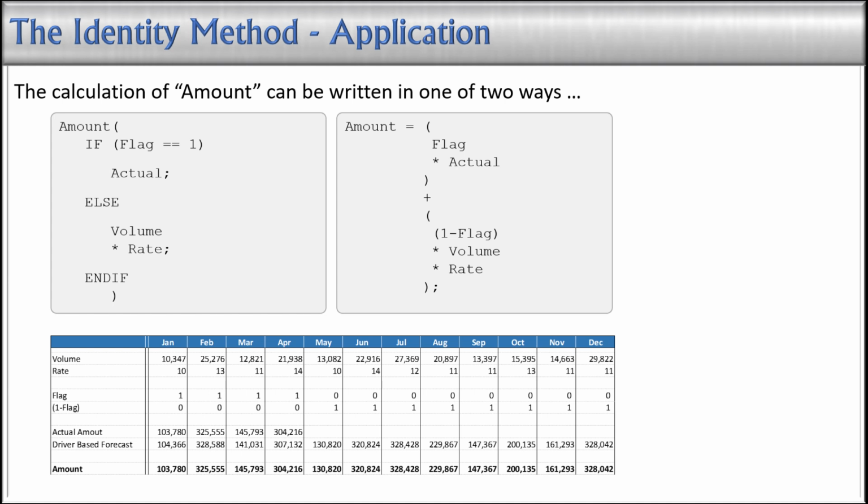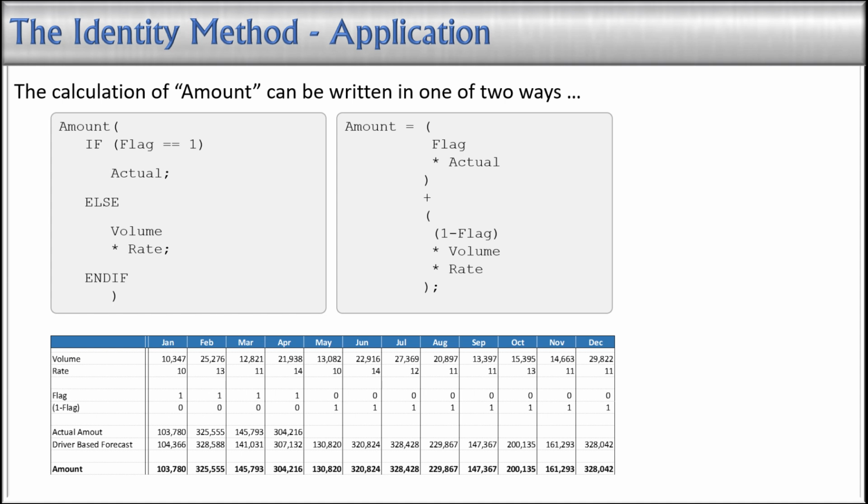So we could establish an account called flag, and in that flag, actual periods are represented by 1s, and forecast periods are represented by 0s. And we could code a calculation that said, if the flag equals 1, then return the value from the actual scenario. Otherwise, give us our forecast formula, which would be volume times rate.